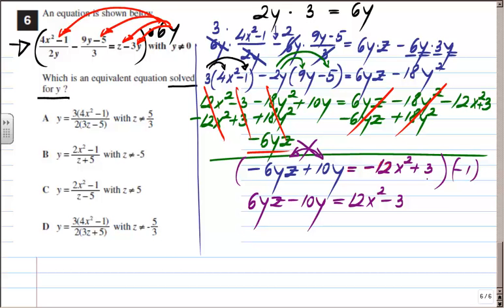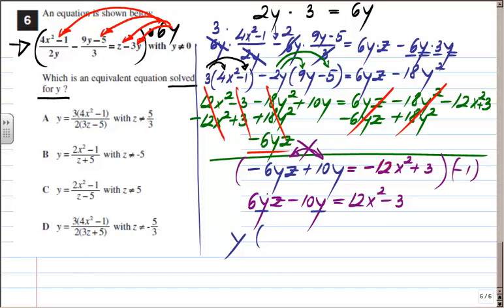Because, like I said, I want to have a positive coefficient on my first term here. And you know what? We could have let it be that way and just do it at the end, but I prefer it to be done now.